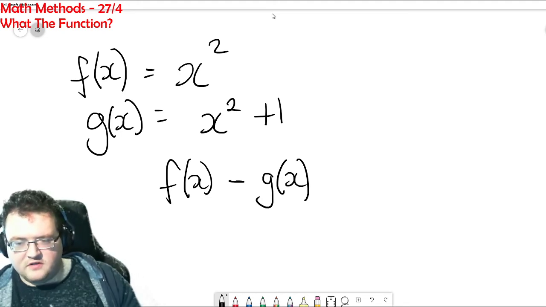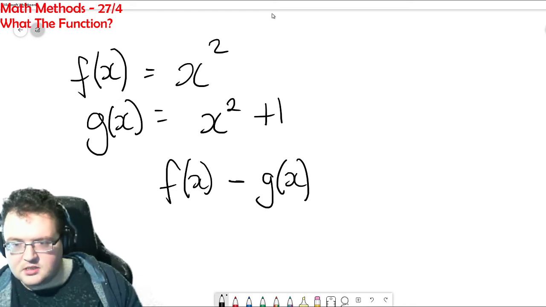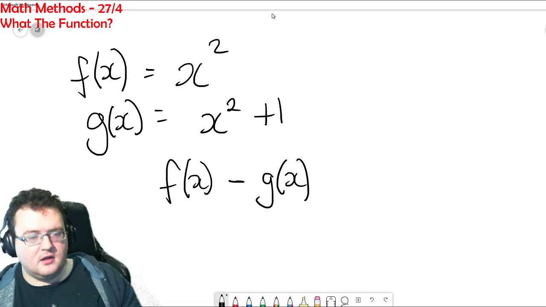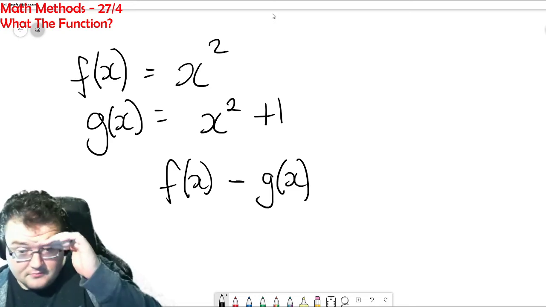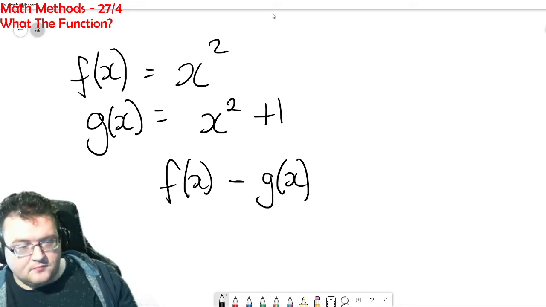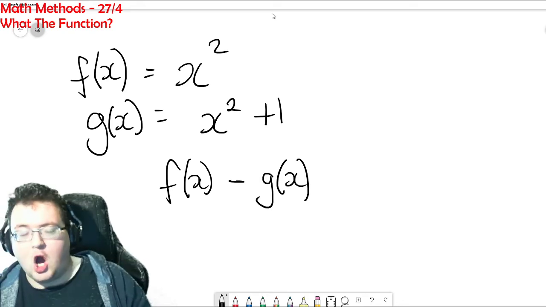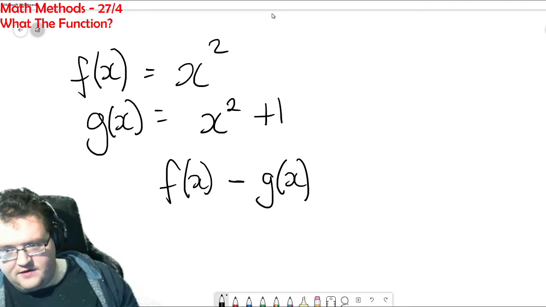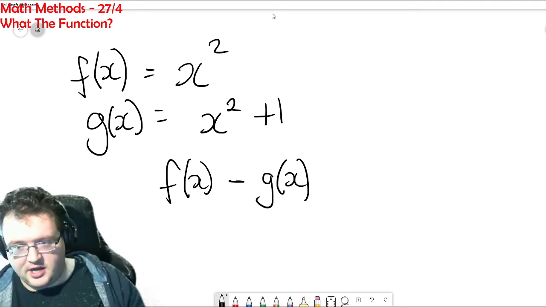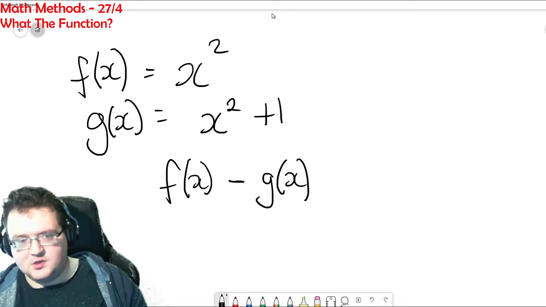If 1 is moved to the other side, it becomes a minus. Because the squares cancel out, you're left with 0 minus 1. All right, so Ali, you are correct. It is in fact -1 because you are subtracting the entirety of x squared plus 1, which means that when you were to write it out, it would be x squared minus x squared minus 1.